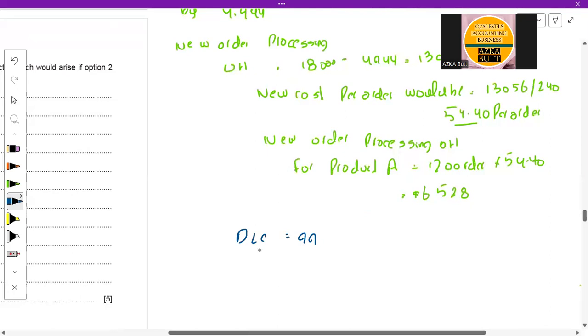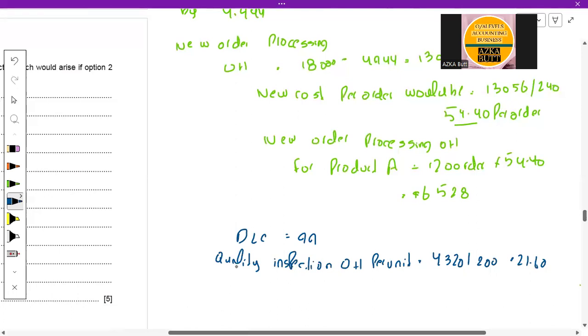Quality inspection overhead per unit is equal to 4320 divided by 200 number of units is equal to 21.60. So there is no change.